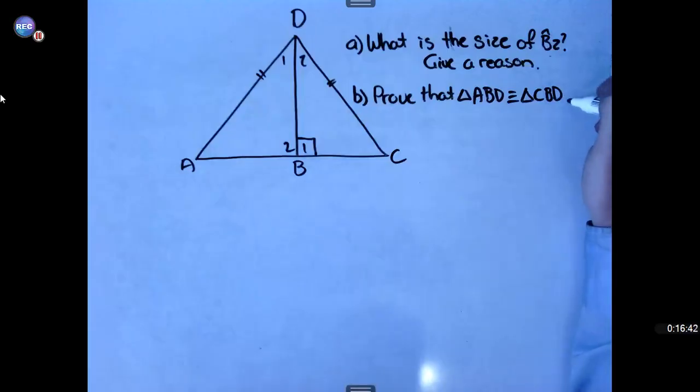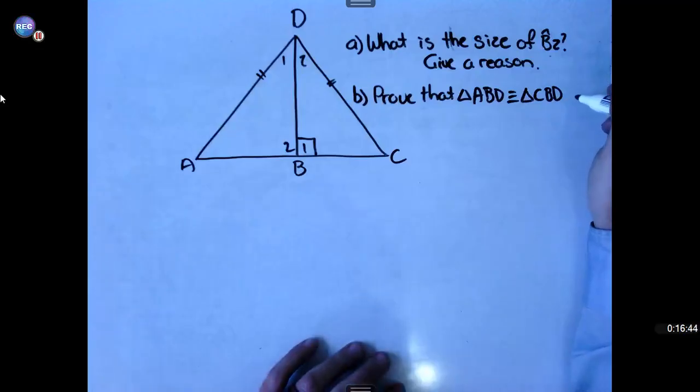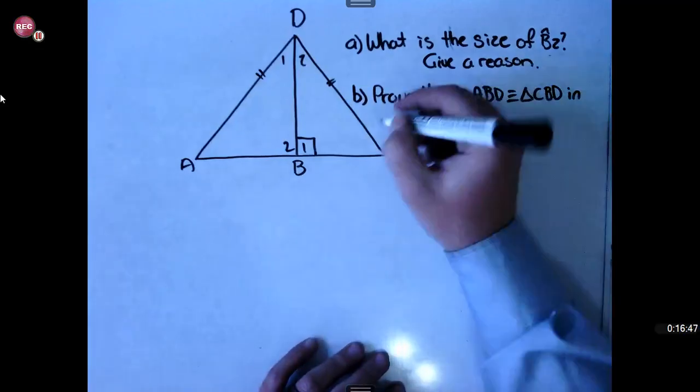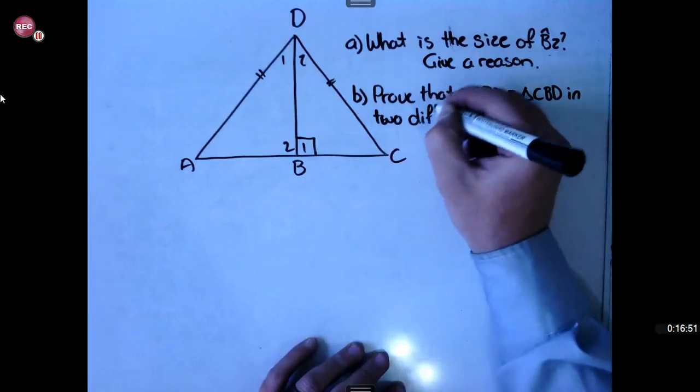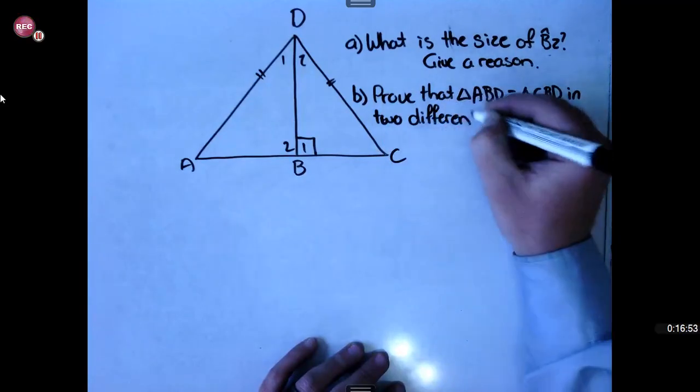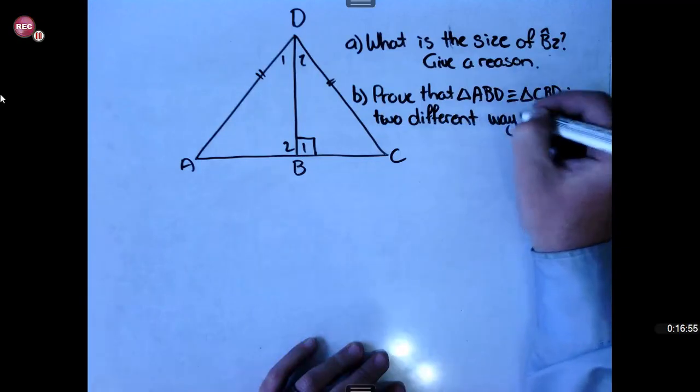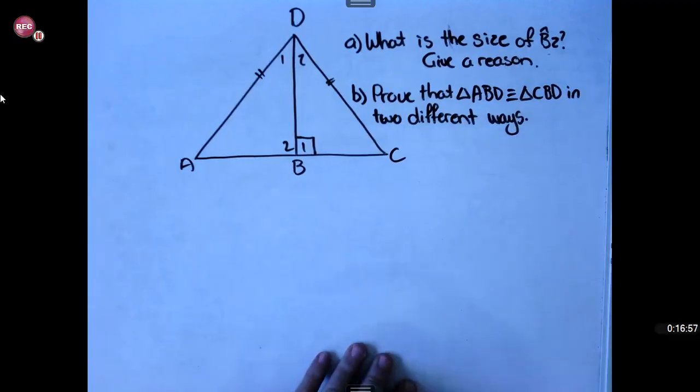But here's the catch. I'm going to ask you to prove it in 2 different ways. Prove it in 2 different ways. So there are the 2 questions that I'm going to ask you.